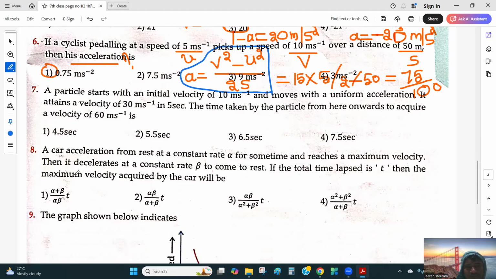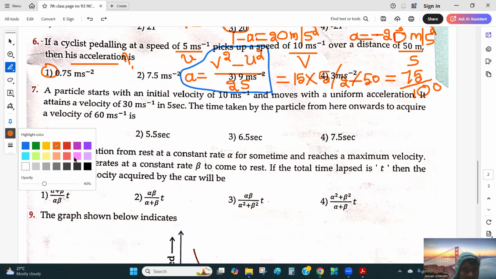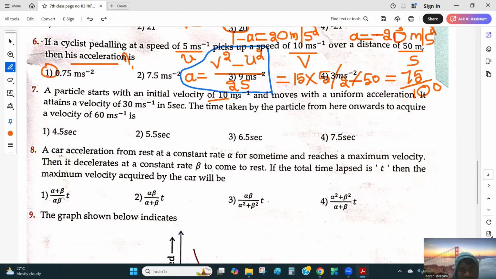If it is really difficult, solve on the paint plane. Okay. So a particle starts with initial velocity 10 meters per second. So that's going to be u, right? That's u.